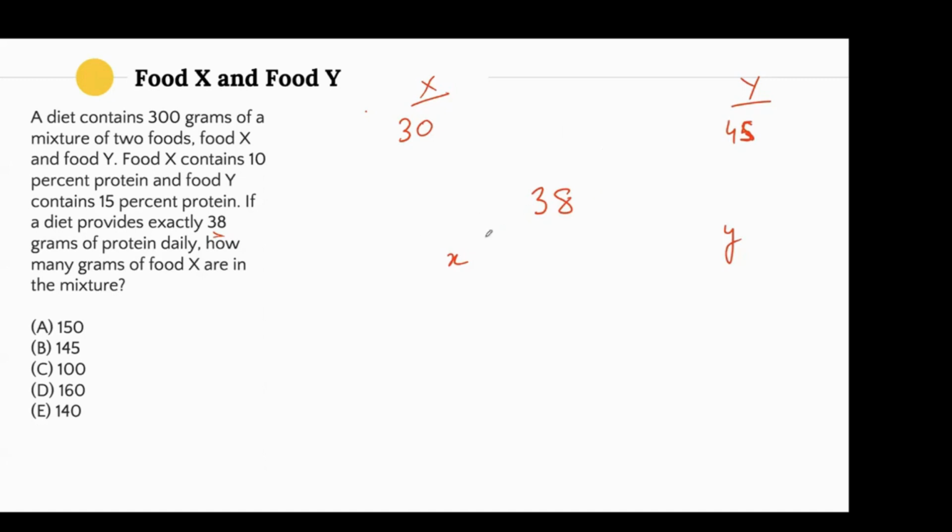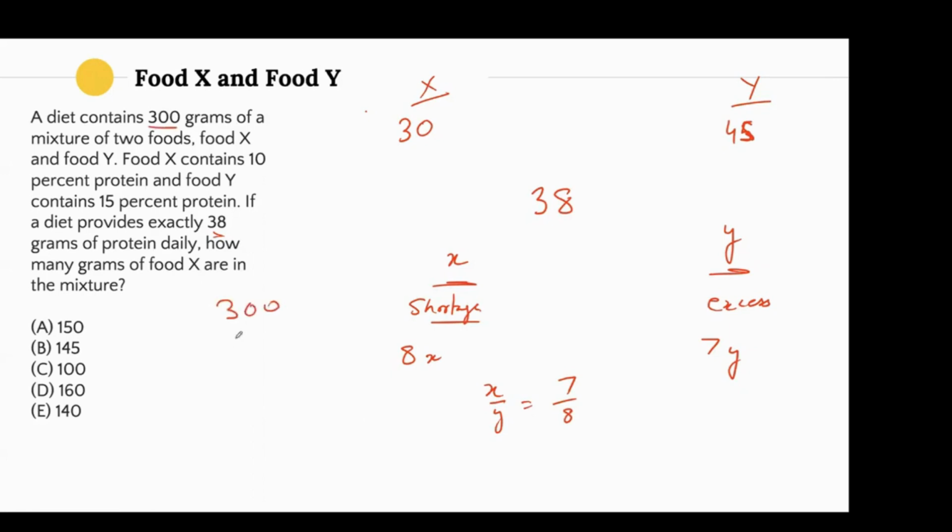So, now tell me, on this side, there's a shortage. How much is the shortage? 8 times whatever that X is. On this side, there's excess. How much excess is there? 7 times Y. So then, what is X upon Y? 7:8. And then, basically, overall, we have 300 grams.